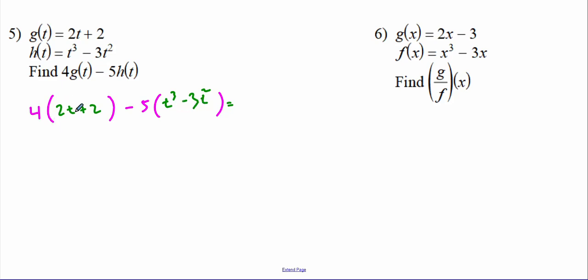So before you combine them, you have to distribute here. So this really becomes what? 8t plus 8. Right? Then minus, and this becomes 5t cubed, and then plus 15t squared. And again, it just feels like nothing's combinable.